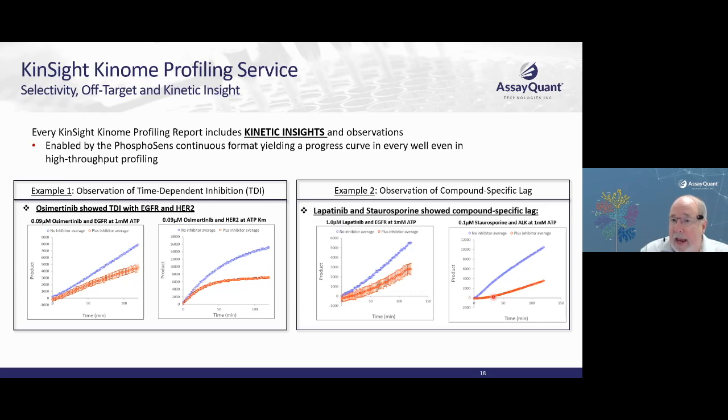So that lag actually increases with higher and higher compound concentration. We're not 100% sure of the science behind this. The simplest explanation is that these inhibitors are inhibiting the autoactivation of the enzyme, which is normally very fast in our DMSO controls here. That's the simplest explanation, but we have another series of hypotheses.